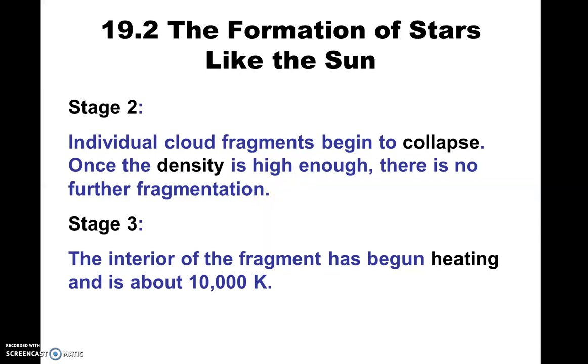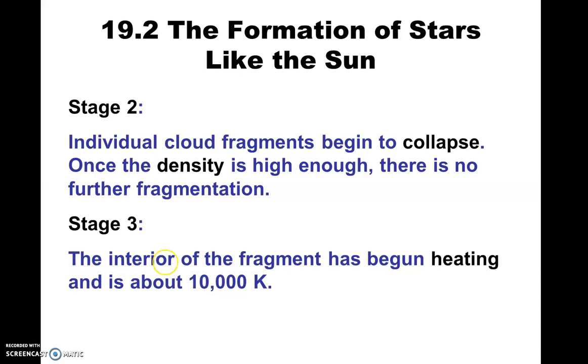Stage three. Remember, this is a 7-stage process. The interior of the fragments begins to heat up. They're starting at around 10 Kelvin, rising to 100 Kelvin, then 200, and so forth, because as they fragment, smaller volume means higher temperatures. The particles are closer together, and really that's a measure of temperature.